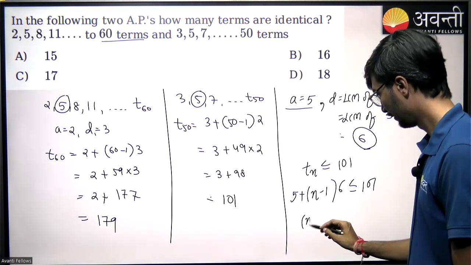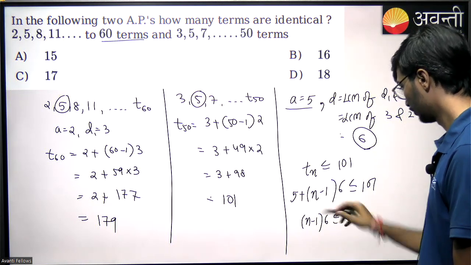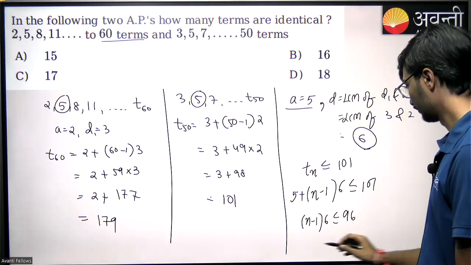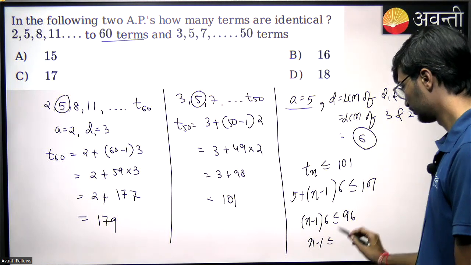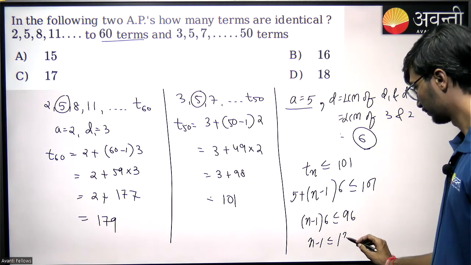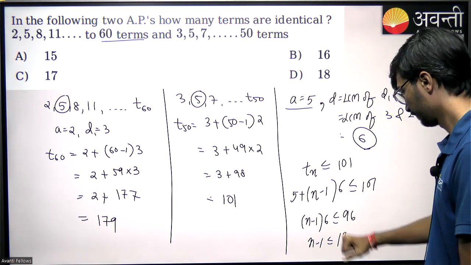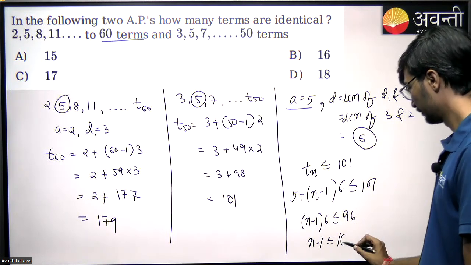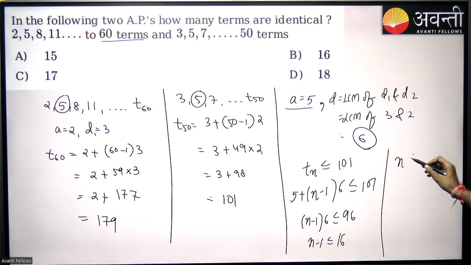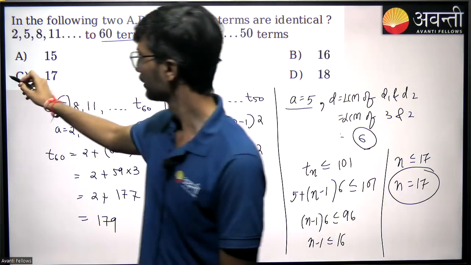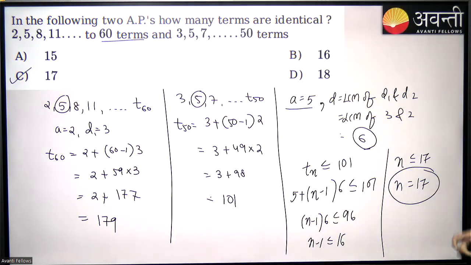We can write it as n minus 1 into 6 less than or equal to 96. So n minus 1 less than or equal to 96 by 6. Sorry, 16, right? n minus 1 less than or equal to 16. That means n is less than or equal to 17. Or you can say n equals 17. So option is C. I hope you got it.